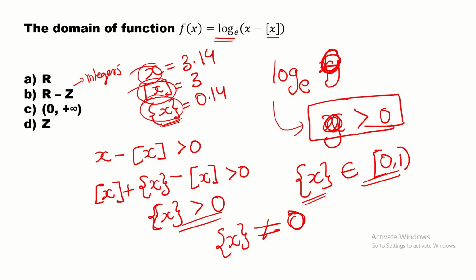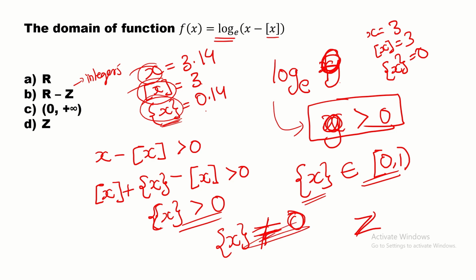So we need to find all values of x such that fractional part of x is not equal to 0. And we know that the set of integers is the set where the fractional part of x is 0. For instance, if x is 3, then greatest integer of x is 3. This means that fractional part of x is 0. But we need fractional part of x to not be 0.